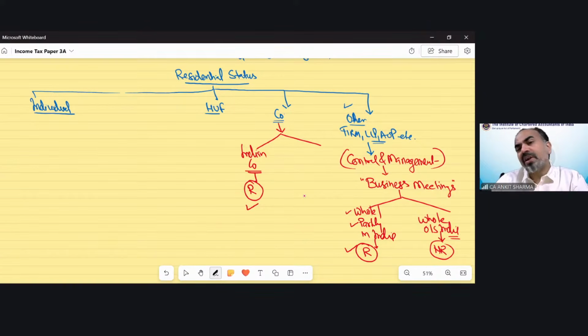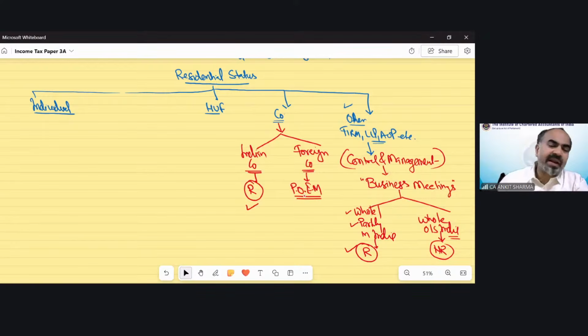If it is not an Indian company, suppose a foreign company. In case of a foreign company, we have to find out a new concept, and that is called POEM. That is place of effective management.